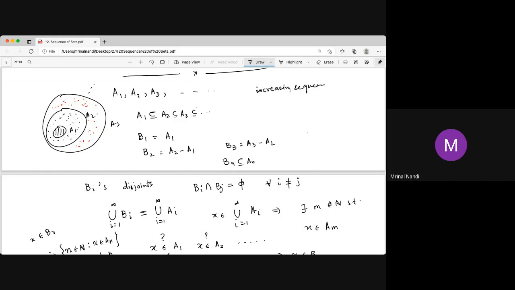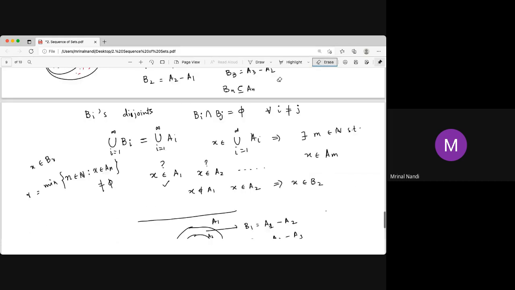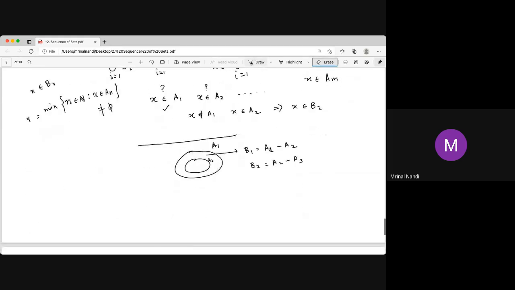For a decreasing sequence, we do the reverse thing. We don't do this; it's not useful. The idea is that if it is a decreasing sequence, then we take the complement, and the complement is an increasing sequence. We find the union of the complements.